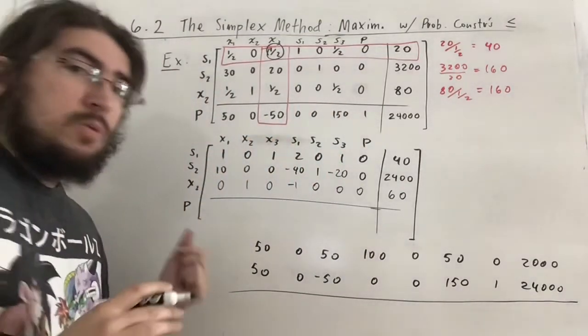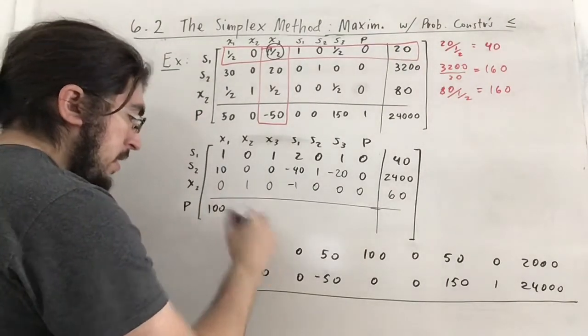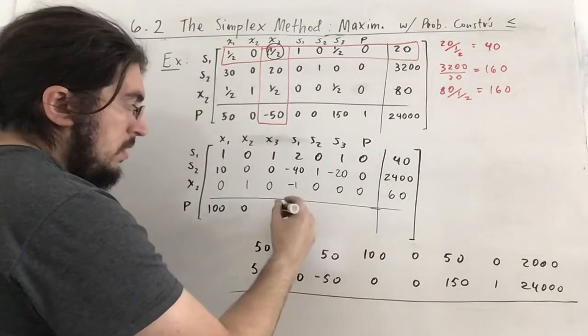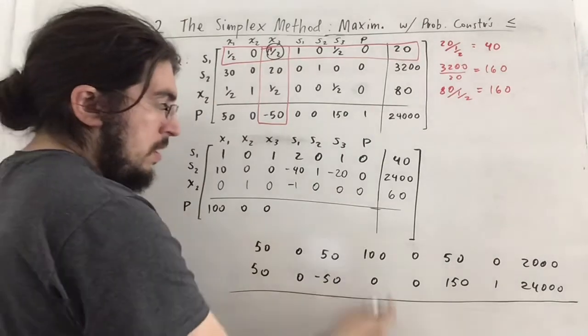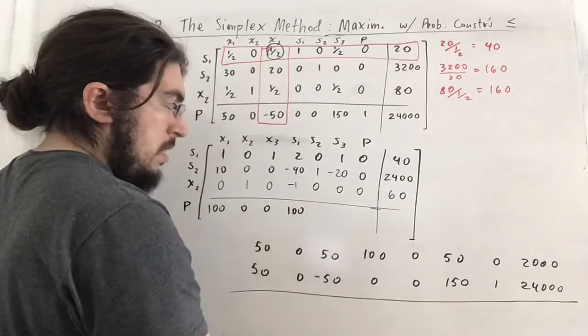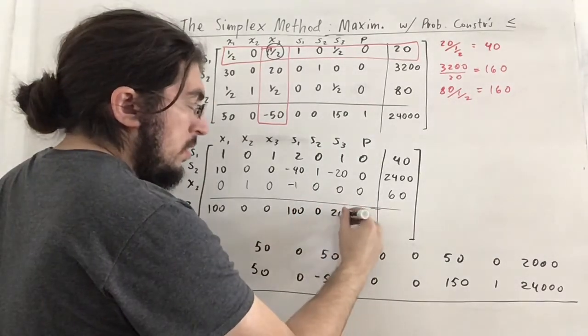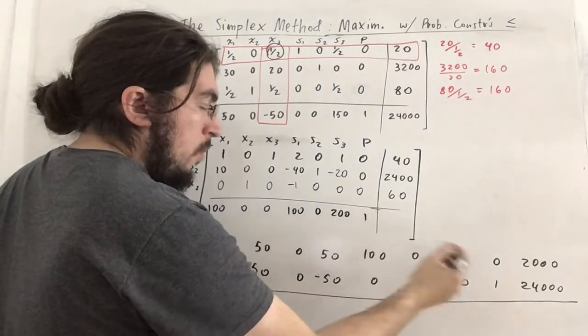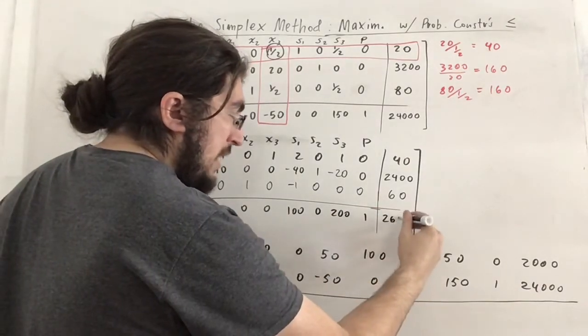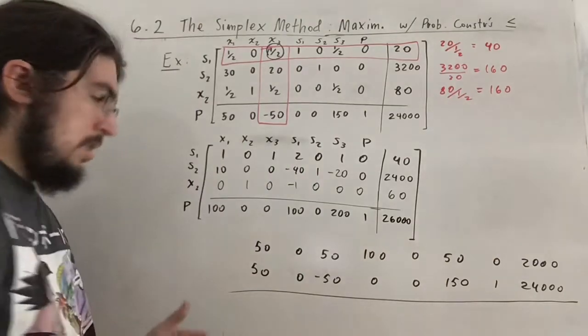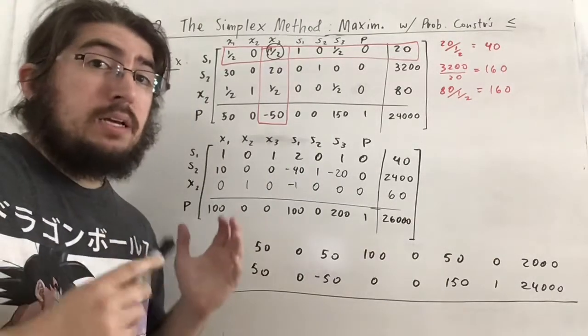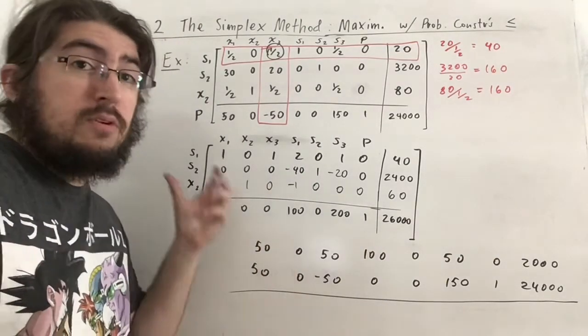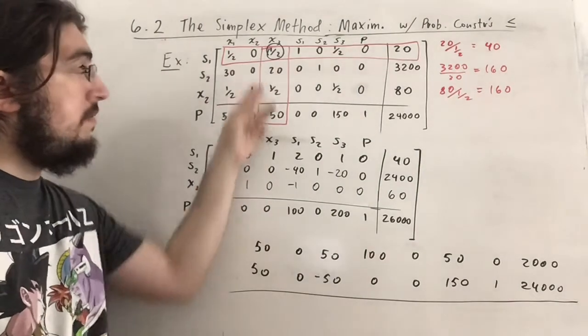When we add these, we get 100, 0, 0, 100, 0, 200, 1, and 26,000.